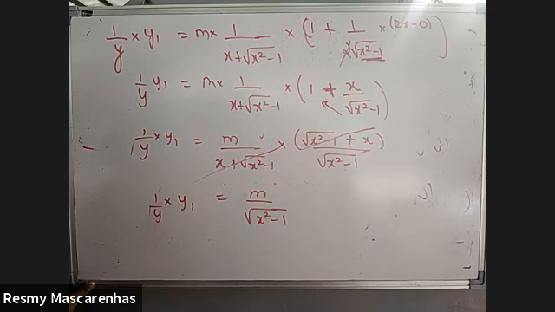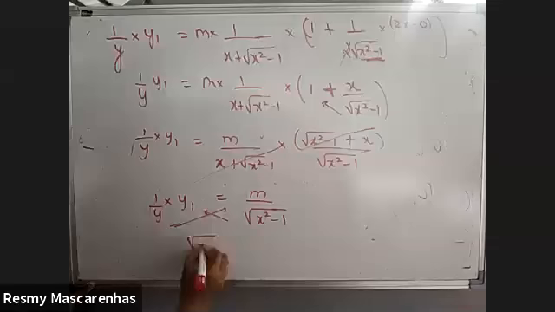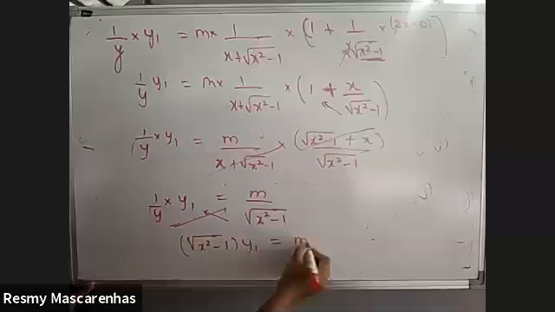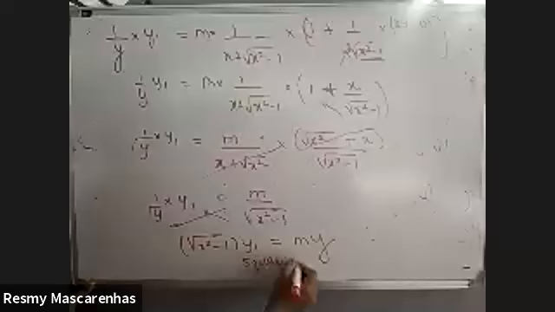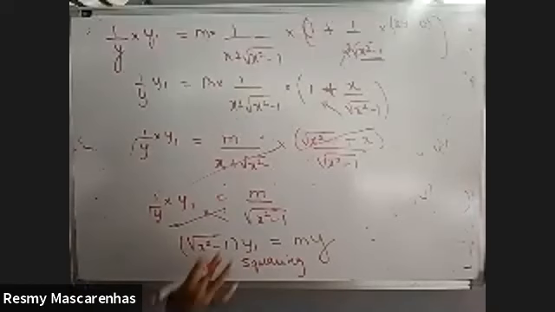Then don't keep anything at the denominator. So this will go up, and this from the denominator will go this side, and then you can square to get rid of this.